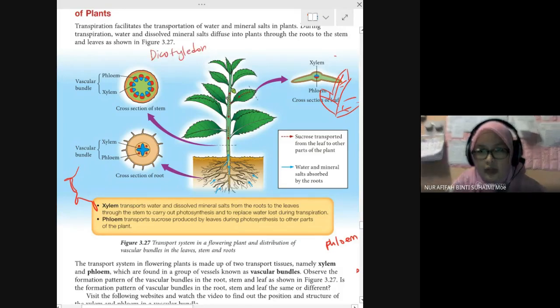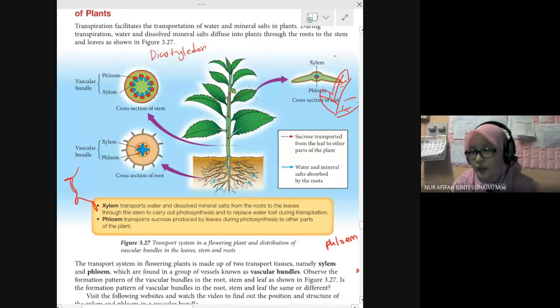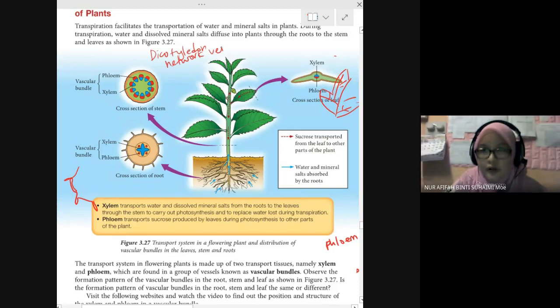We have taproot. We have leaves with network veins. Network vein of leaf.